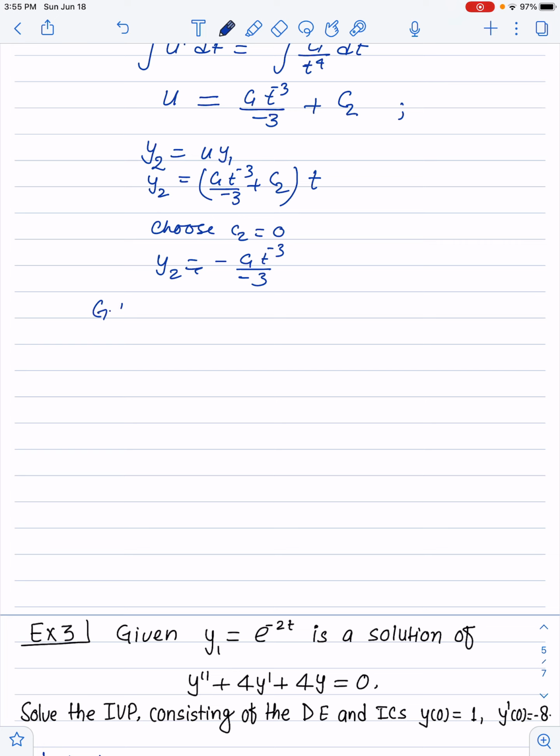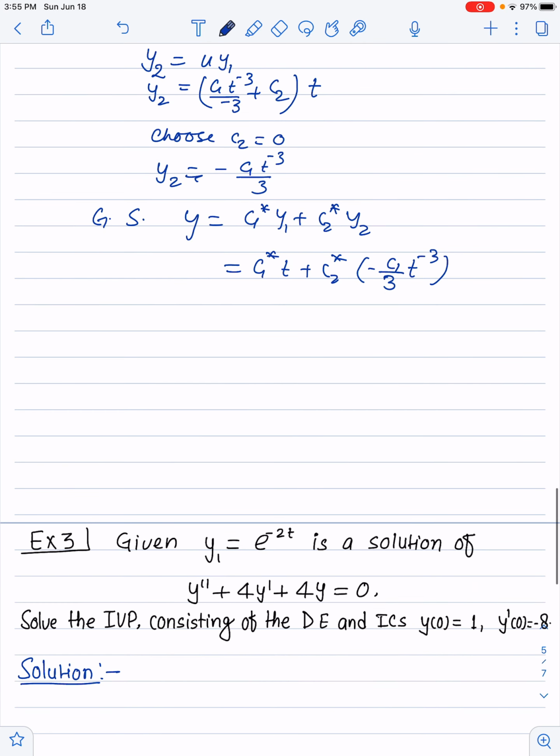Now the general solution will be y equals c1 star y1 plus c2 star y2, and c1 star y1 is t, plus c2 star times negative c1 over, I'm sorry, we have a double negative sign here, over 3 t to the negative 3.